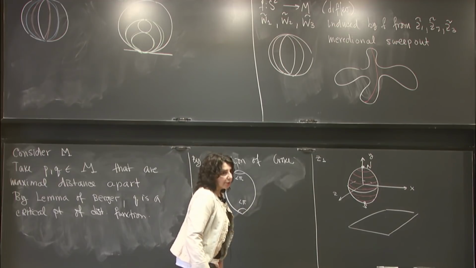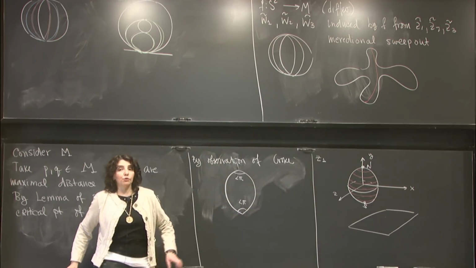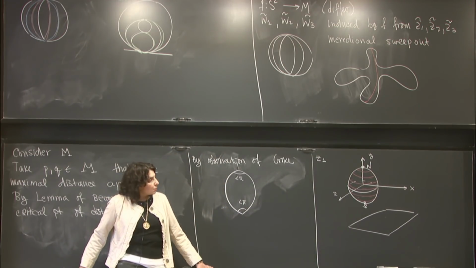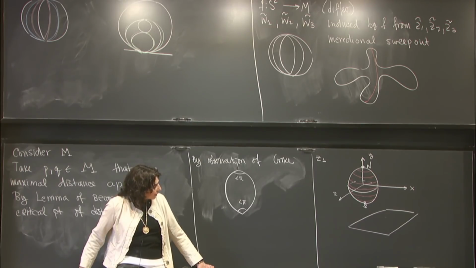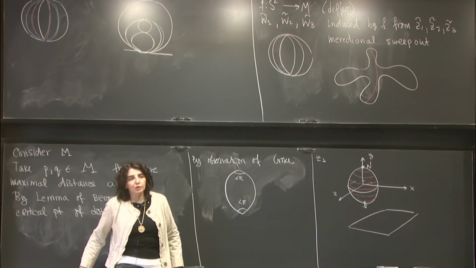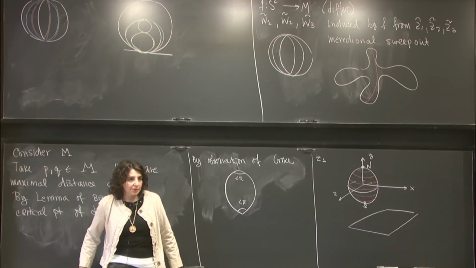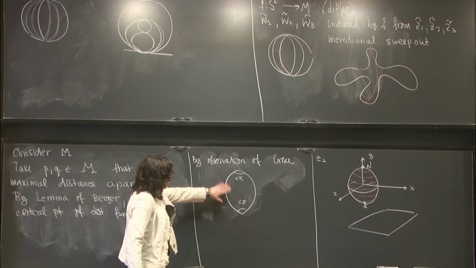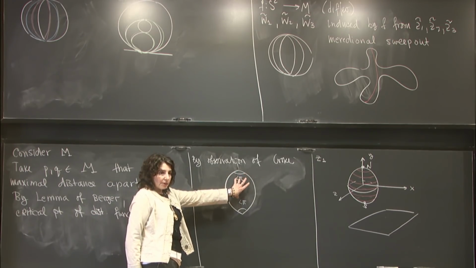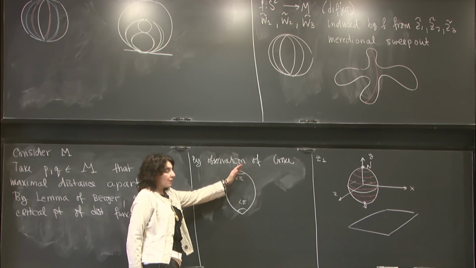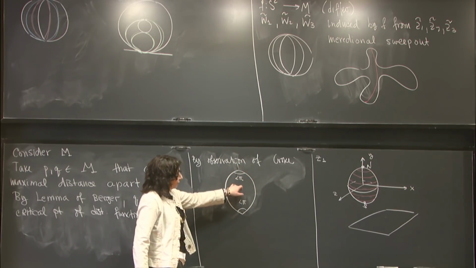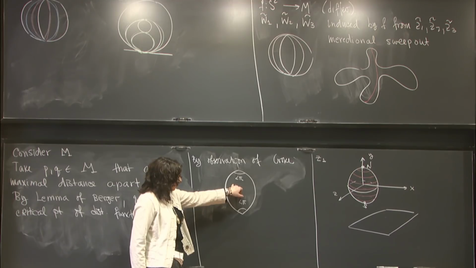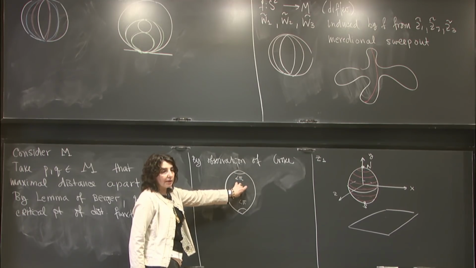Okay, so we need to be a little bit careful. We actually need curve shortening processes that do not create self-intersections. Well, in this case, the Birkhoff curve shortening process is going to work just fine. It's not going to create self-intersections. So we apply the curve shortening, and because the domain that we have is convex, the curve is going to stay inside.